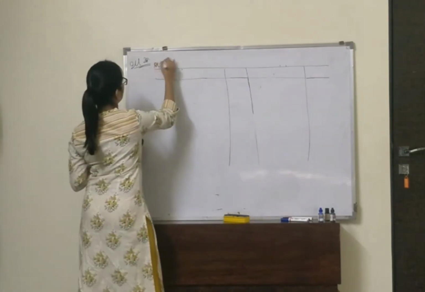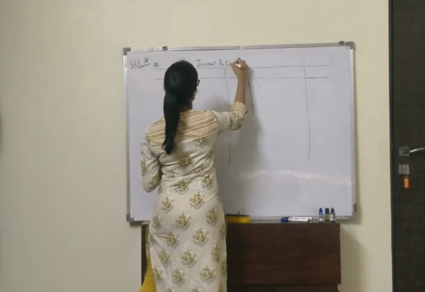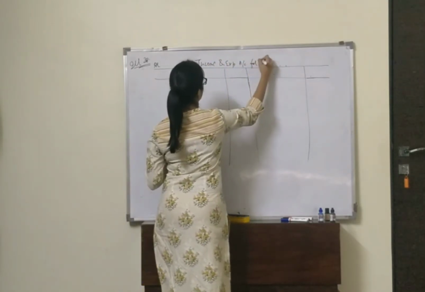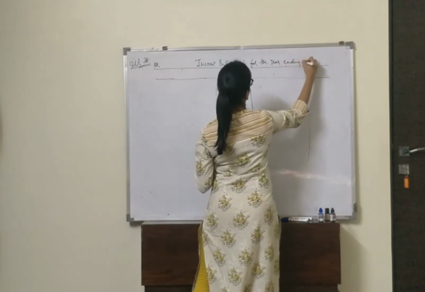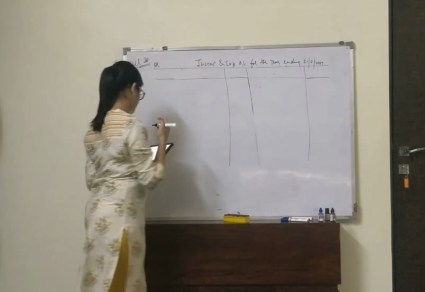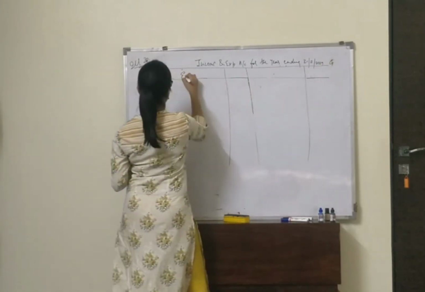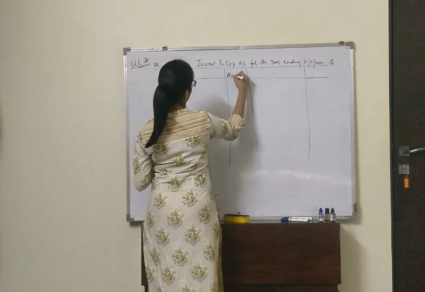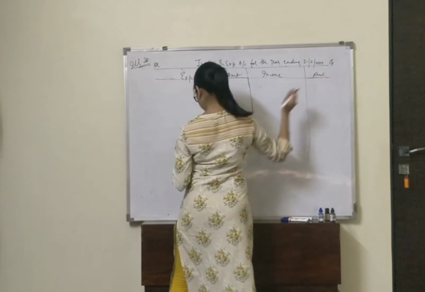So clear with the opening balance sheet. Next we go on to our income and expenditure account for the year ending 31st March 2019. Debit side, credit side, expenditure amount, income amount.